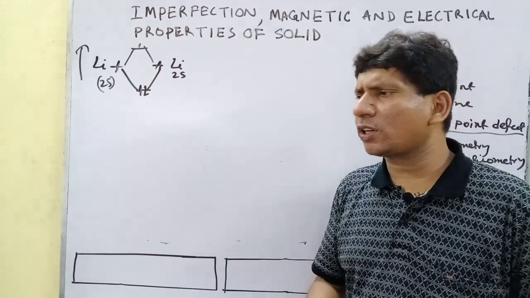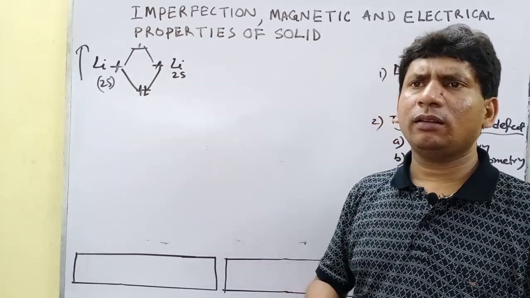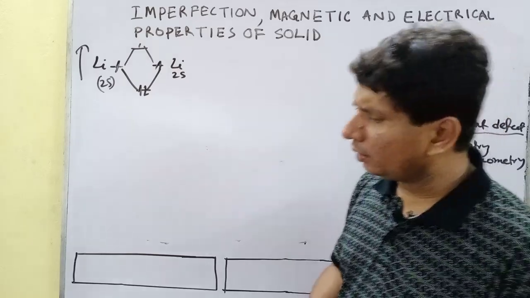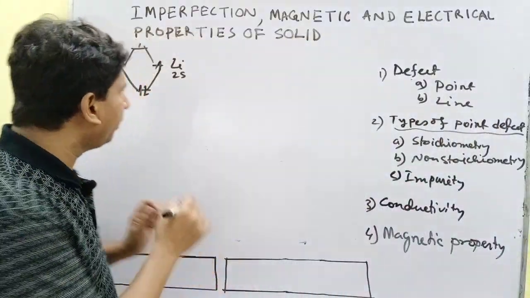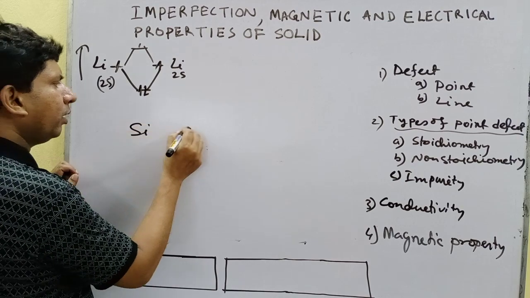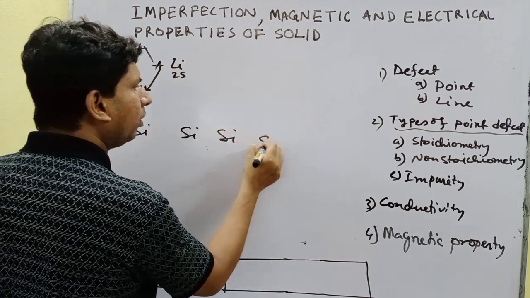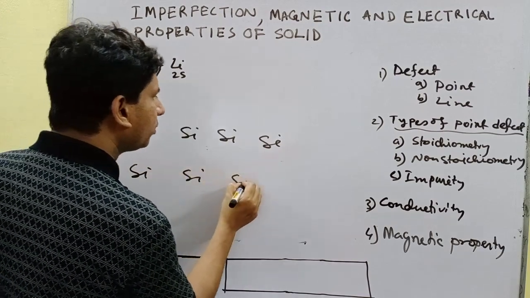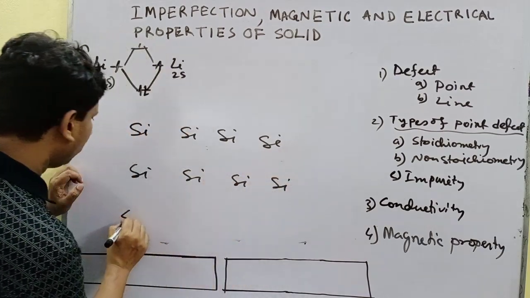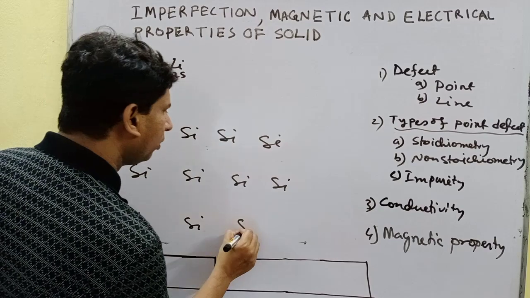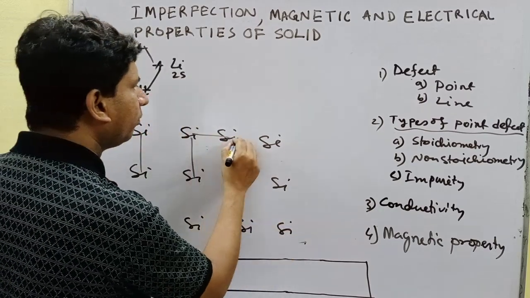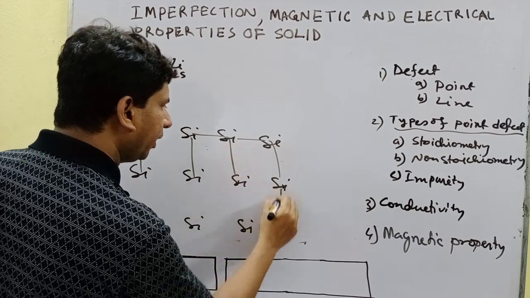If we put some foreign element in a semiconductor, that means if we see this silicon, silicon, silicon, with bonding in this way.